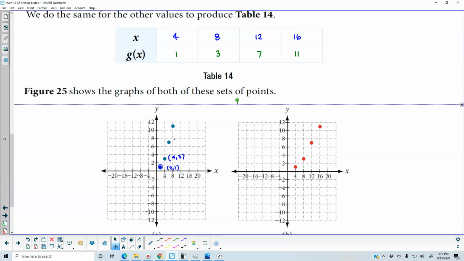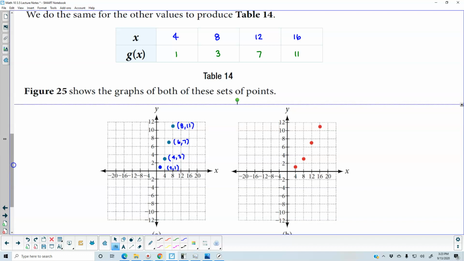And then our original ordered pair here was 6, and then 7. And then our original ordered pair here was 8, and then 11.